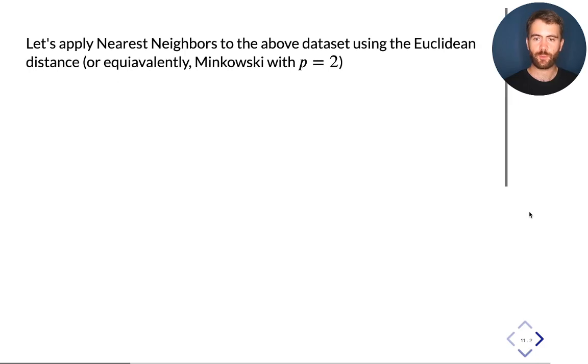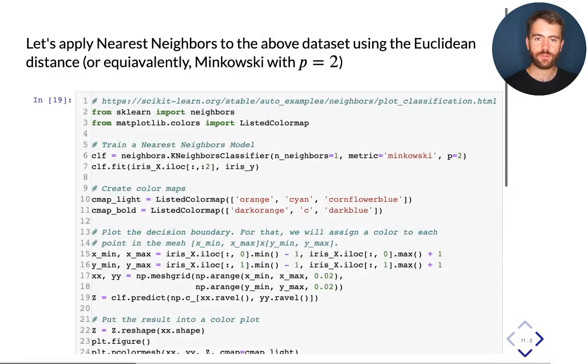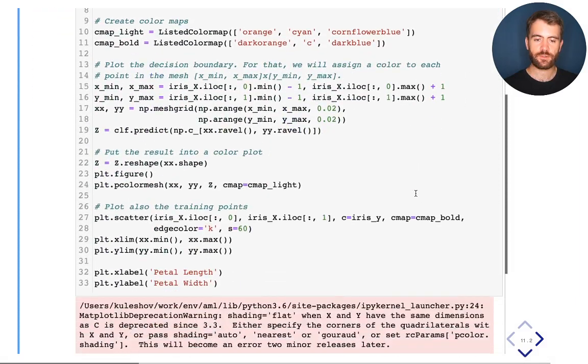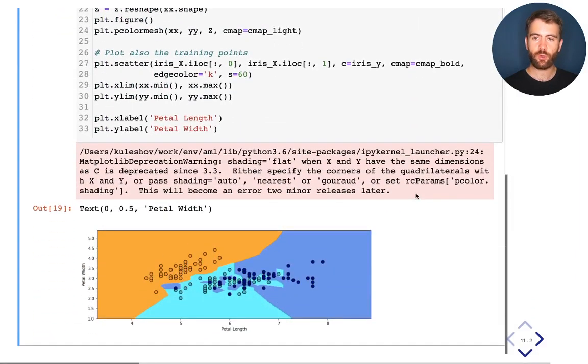compute distances between points. And now let's look again at our earlier example with the flowers using the Euclidean distance. In this example, I have not only computed the most likely class at one query point, but I've computed it at every point in this two-dimensional space.